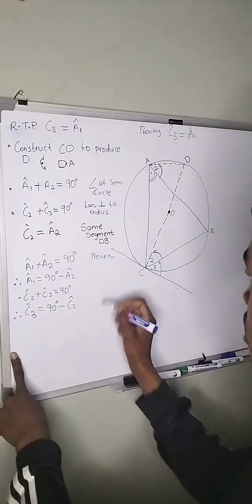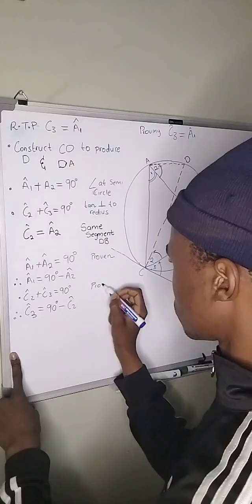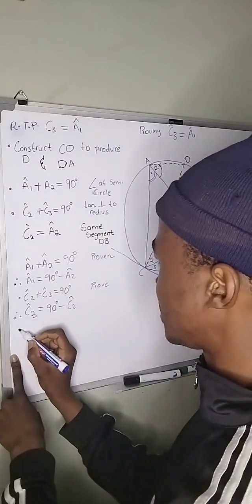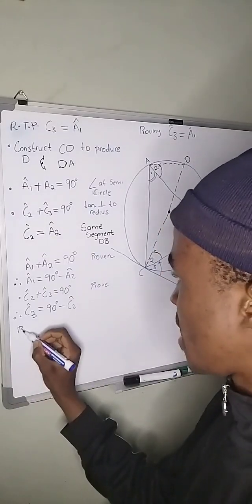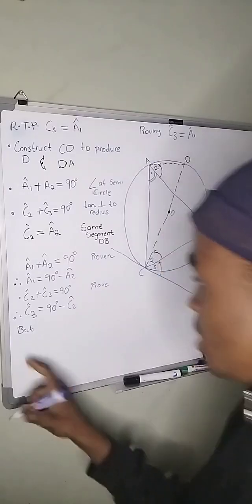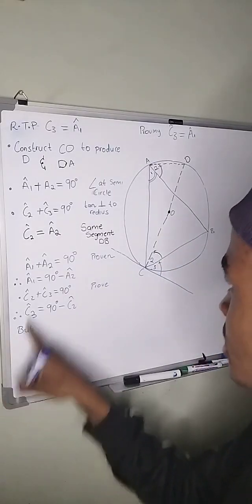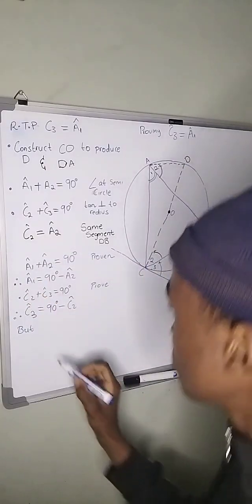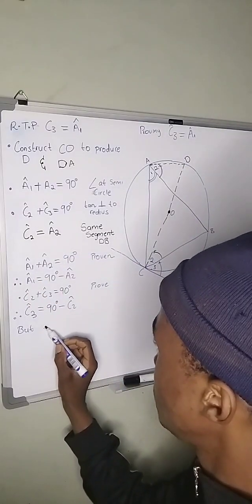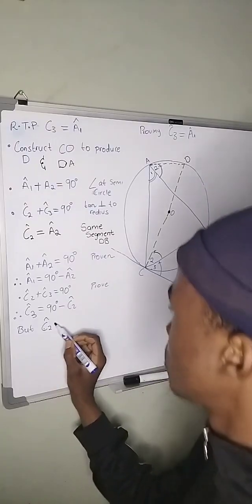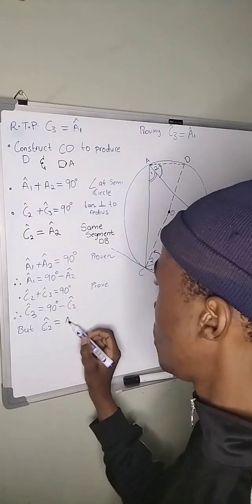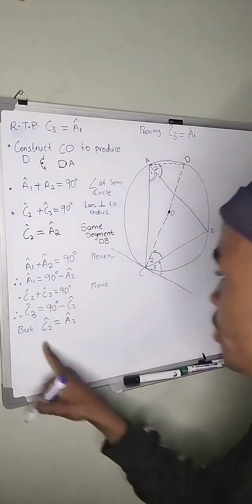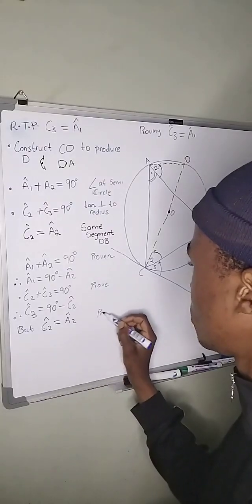This is just proven, but C2 is going to be equals to A2. This is also proven.